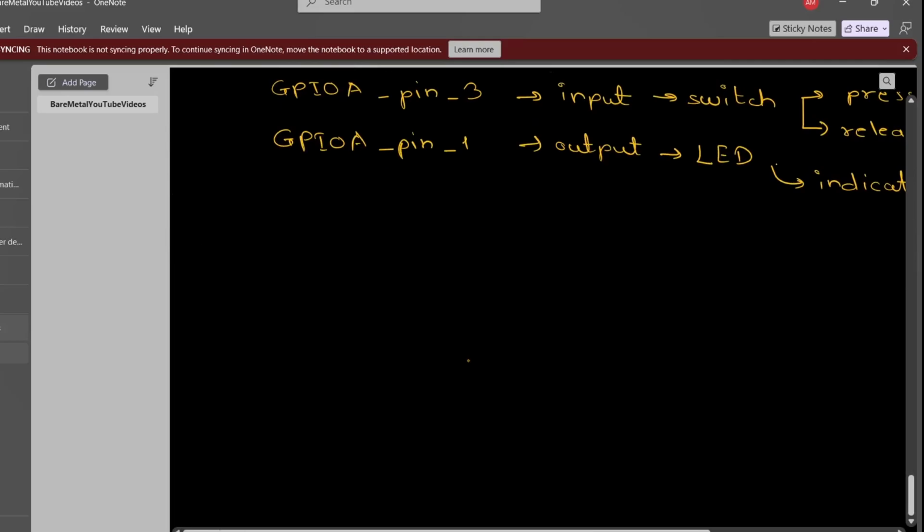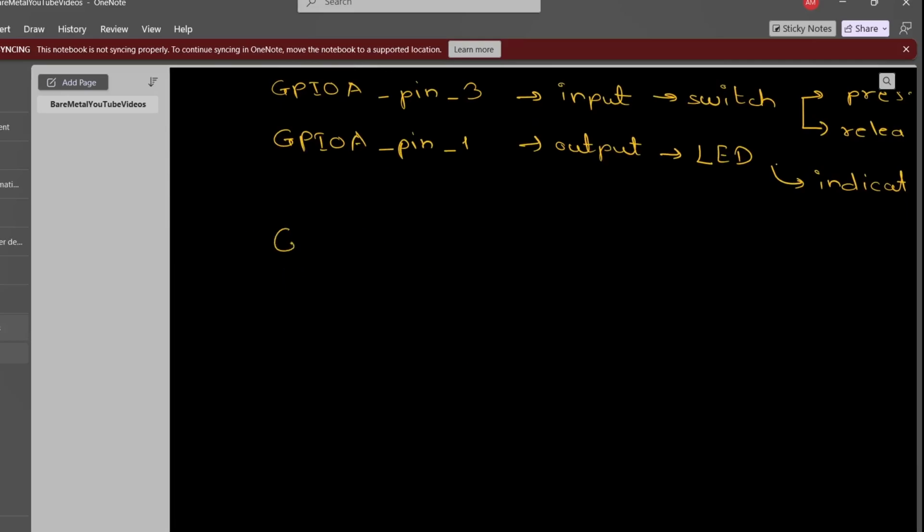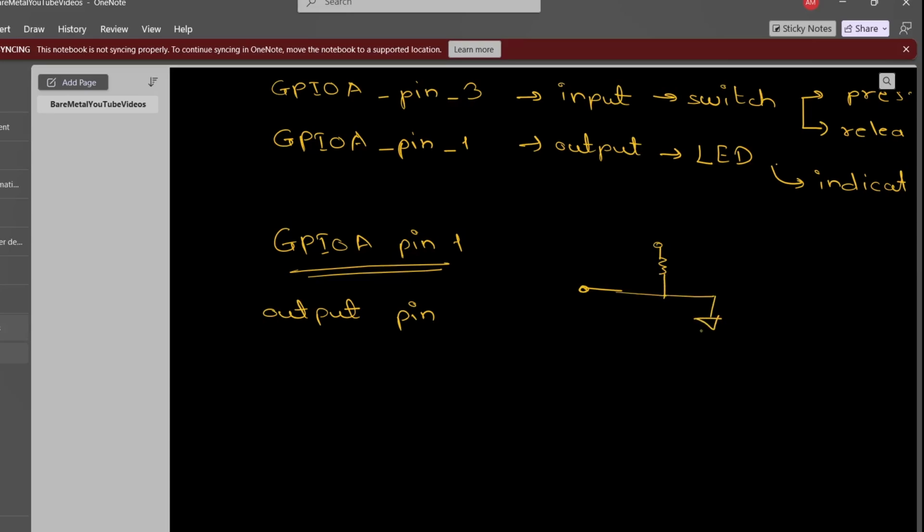So first we will check GPIO-A pin 1, which needs to be configured as an output pin. We'll check the resistors. This is our GPIO port pin, and we will have an internal pull up like this, and we will connect one LED like this.